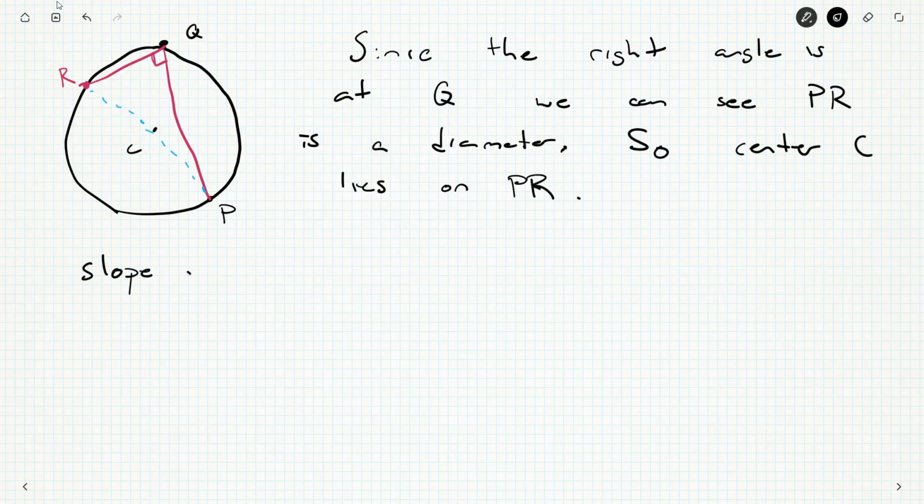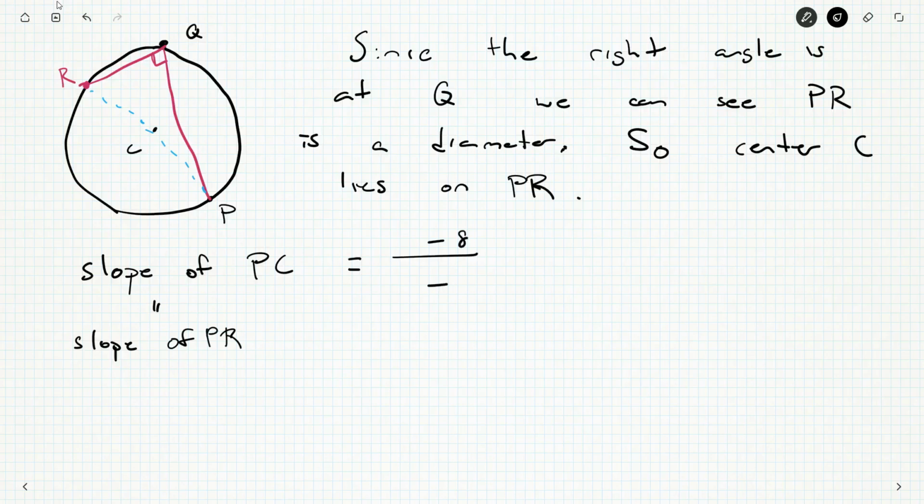Let's say the slope of line PC, which is really the slope of PR, is, well, I know that C has y coordinate 8 and x coordinate 6, and I know P has y coordinate 0, x coordinate 12 from part A. And so we could say that's negative 8 over 6. That's negative 4/3. And just briefly, if we check out our picture, this blue line, this diameter, is going down and to the right, so that would indicate negative slope.